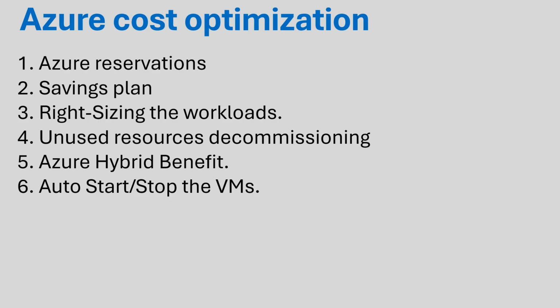If you want to further optimize this cost, where the virtual machine is running for only 12 hours, we can apply reservations for the 12 hours by taking a reservation instead of the full size.